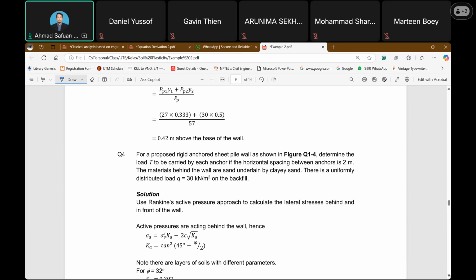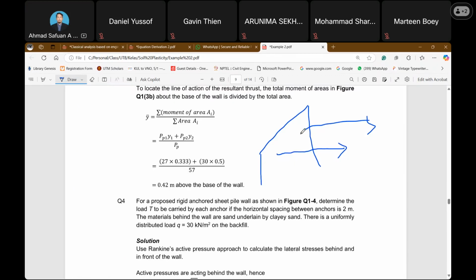So the distance between one anchor to the next anchor is the spacing, from one anchor to another anchor. So for every 2 meters there is an anchoring system.